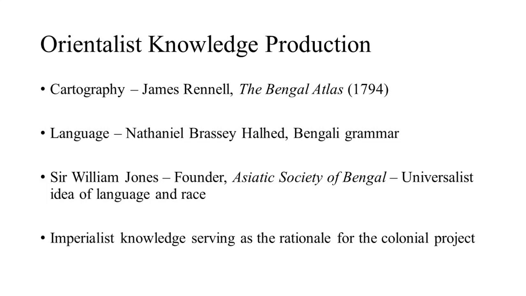A universalist idea of race was also propounded by Sir William Jones. He argued that if all of the classical languages had a common source, all human races that exist now also had a common ancestry which no longer exists. In that sense, he was propounding a possibility of Babel.